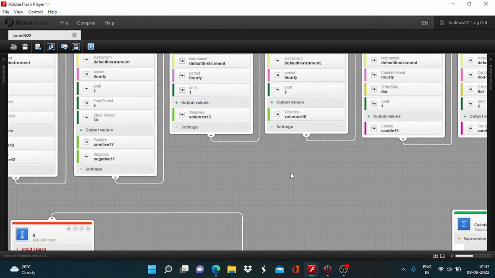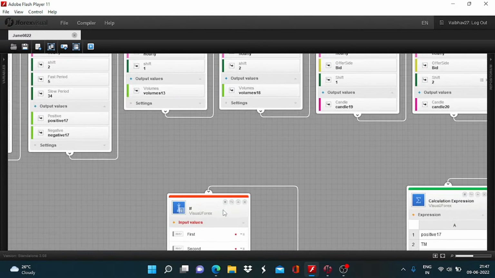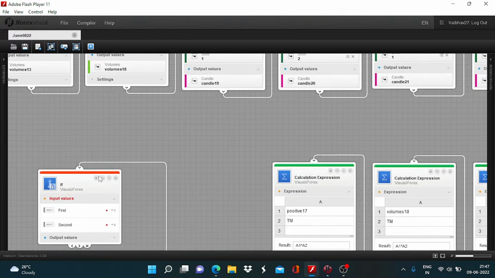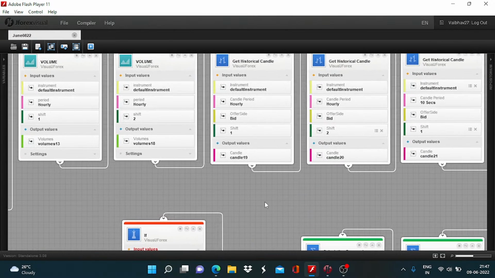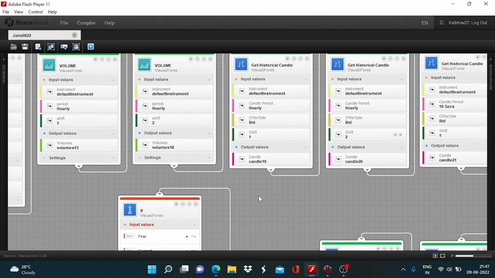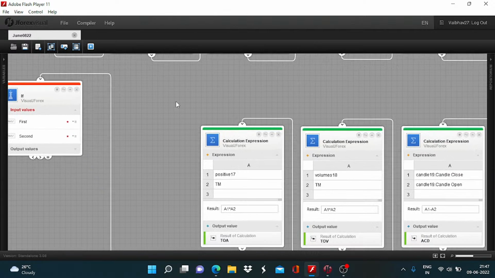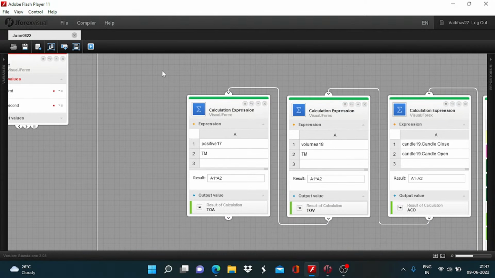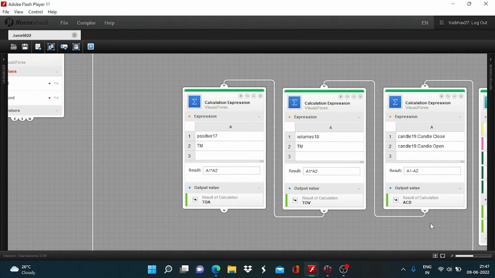Now coming back to the conditions involving the price volatility, we have to check for the closing and opening prices of the candle 19, and here we need the actual difference between the candle 19 candle close and open to be greater than 10 pips.